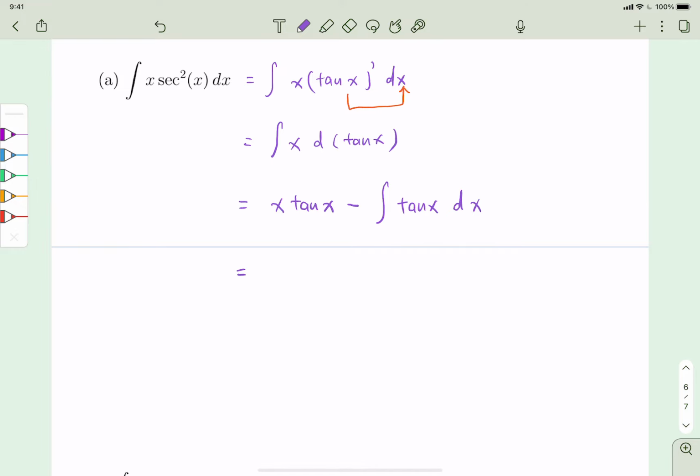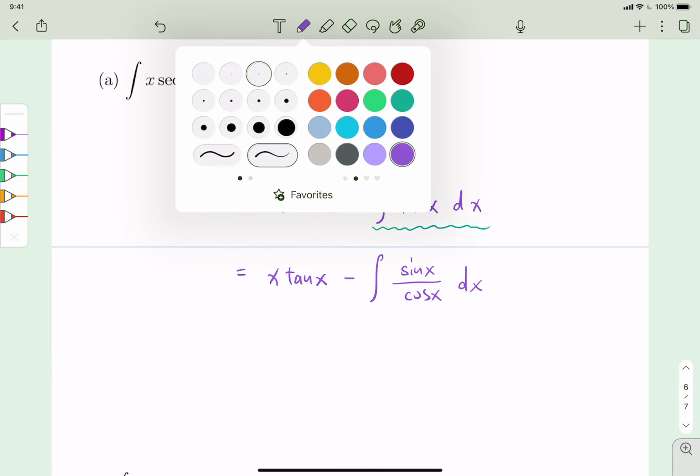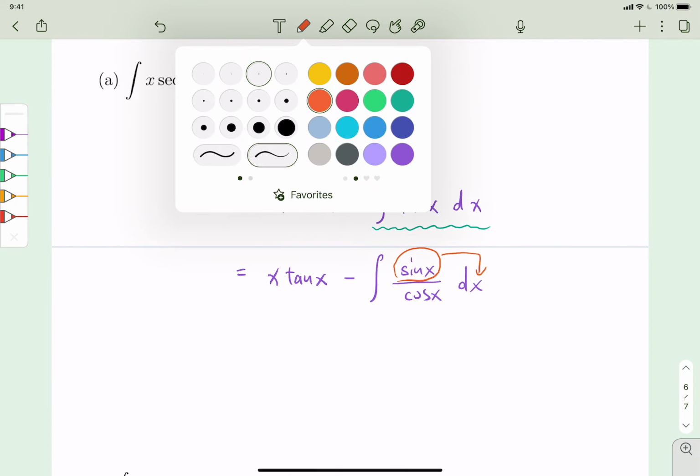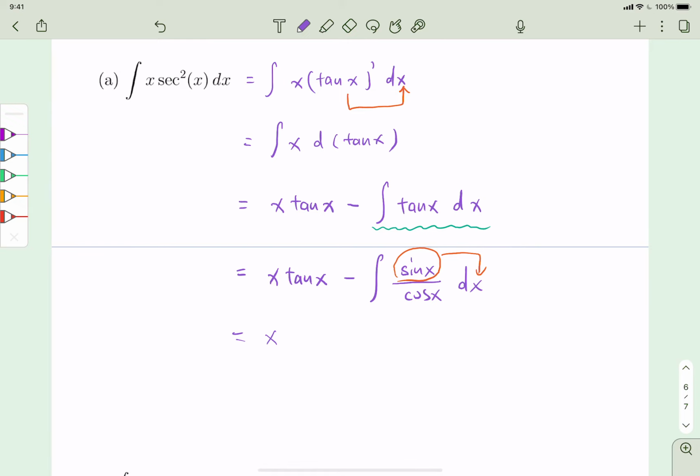Now it's easy to figure out this integration. You can look up the formula sheet. There's the integration in this formula sheet. Or you can use substitution to work it through. Okay, that is sine x over cos x dx, and you let this sine x go into the differential sign. Okay, so that becomes 1 over cos x times d negative cos x.